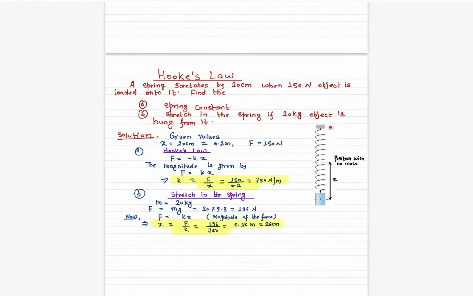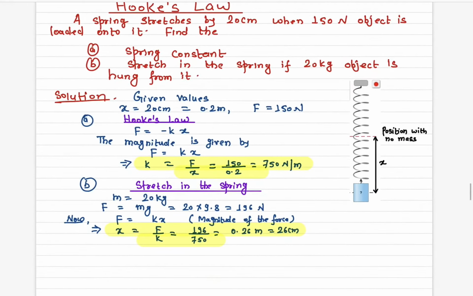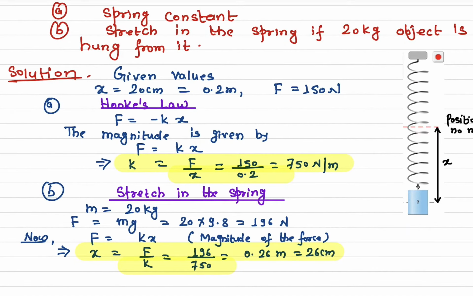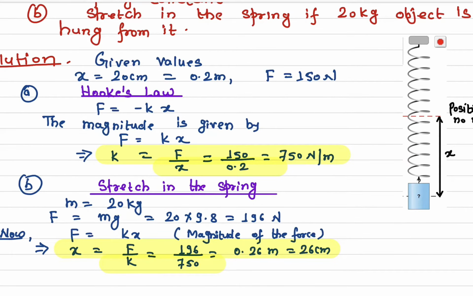It does not change if you have the same spring. What changes is the force and the displacement. If we apply more force, then the displacement will be more. But k, the spring constant, will remain exactly the same in most cases.